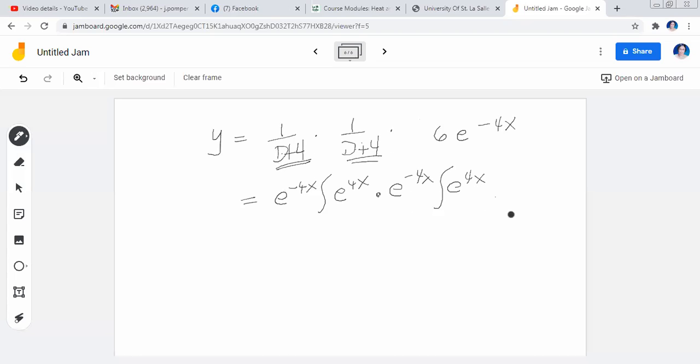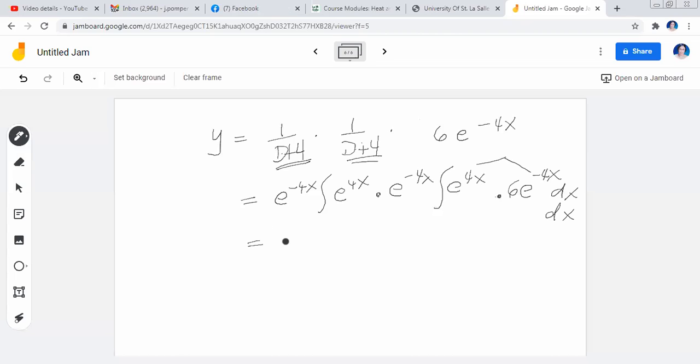Then we will copy the 6e raised to minus 4x. Now you see two integrals, then there should be two differentials of x here. So I will just write the second one in here. So now if you will multiply this 2, that would be your 6e raised to 0, or that would simply be your what? That would simply be your 1.